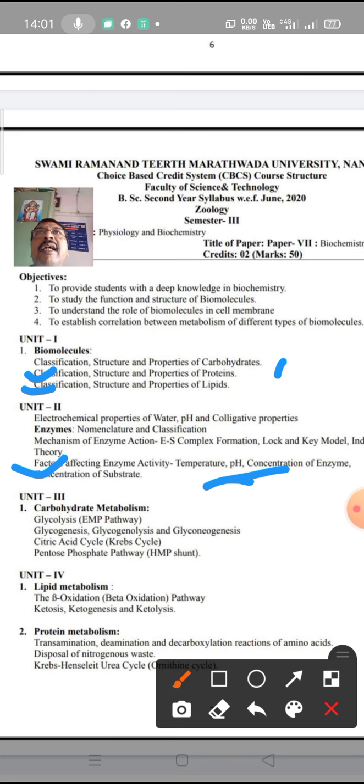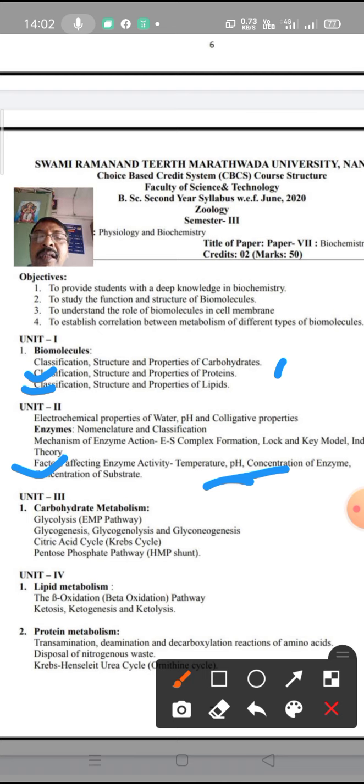This citric acid cycle is called the Krebs cycle, in which pyruvic acid is converted into CO2 and water, and it yields a large number of ATP molecules during the process of the Krebs cycle. All these activities of the Krebs cycle take place inside the mitochondria. The next is the pentose phosphate pathway, that is called the HMP shunt.